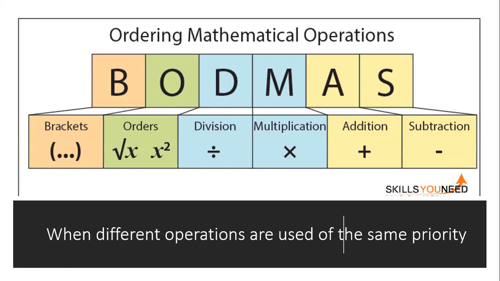When they're not of the same priority, we have to follow an order. We can't just decide that we're going to add first and then divide, or subtract and then work out the brackets. So this is what you need to learn. The order is BODMAS, or BOMDAS. Okay?